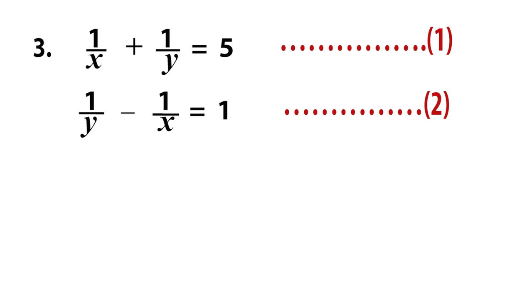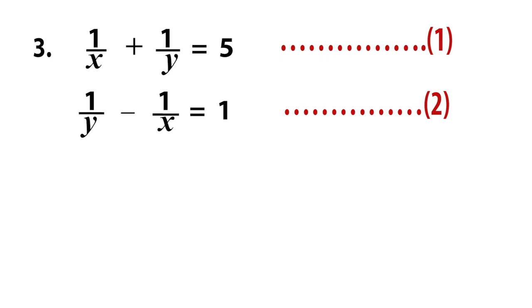So we have 1 over x plus 1 over y is equal to 5, which is equation 1. Then 1 over y minus 1 over x is equal to 1. Let's name this equation 2. But take a look at the two equations carefully. X and Y are not properly aligned.